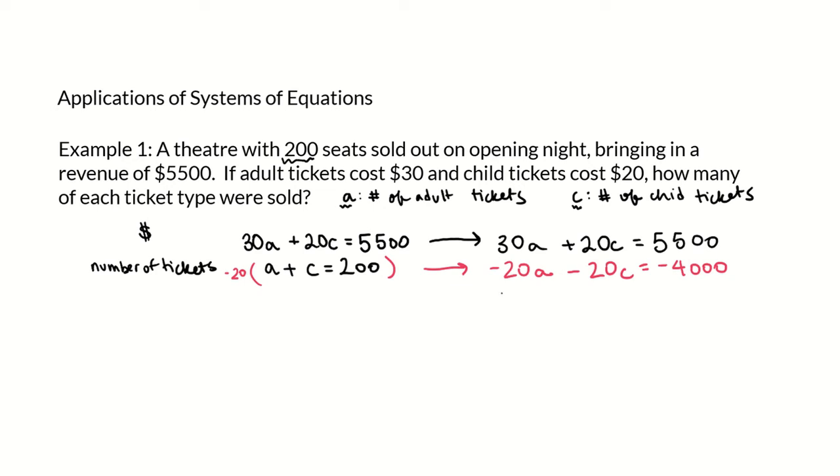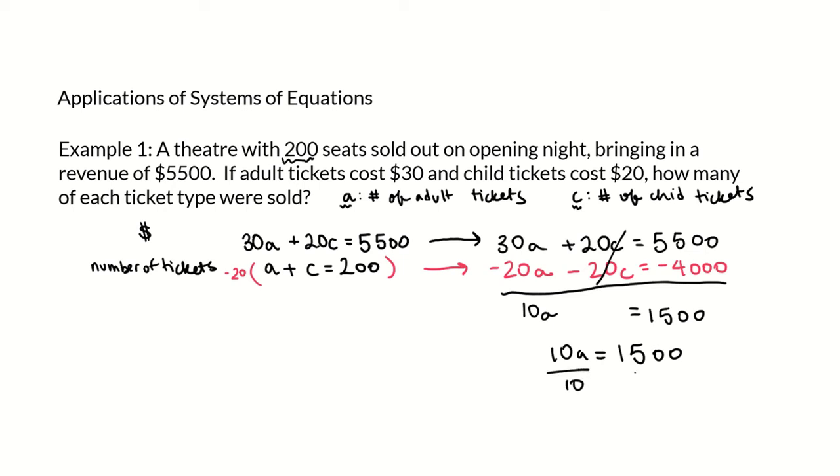Then at the elimination step, we add the two equations together. 30A minus 20A is 10A. 20C minus 20C cancels. And 5,500 minus 4,000 is 1,500. So then we have the equation 10A equals 1,500.